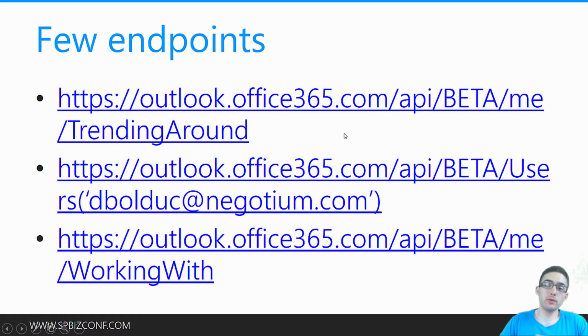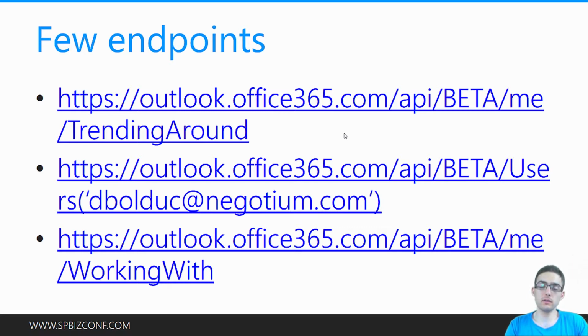A few other endpoints: the trending around endpoint, which I already explained. The idea is that you get content trending around you and the things you're working on. Another endpoint is the users endpoint. You can access the users and get information about them and the people working with them, also in the Graph API.